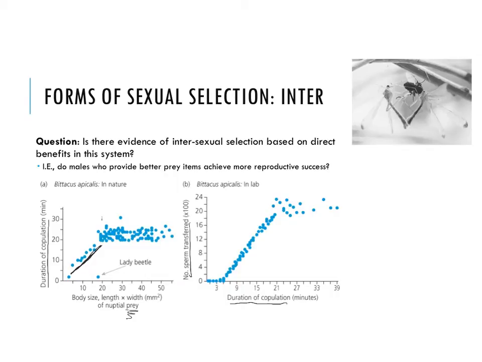That relationship kind of breaks off at like 20, but at least here, you want to have a body size of your prey that's at least 20 millimeters to increase the length of copulation. All right, so there does seem to be a benefit. The bigger the prey item you provide, the longer it takes her to eat and the longer you copulate.